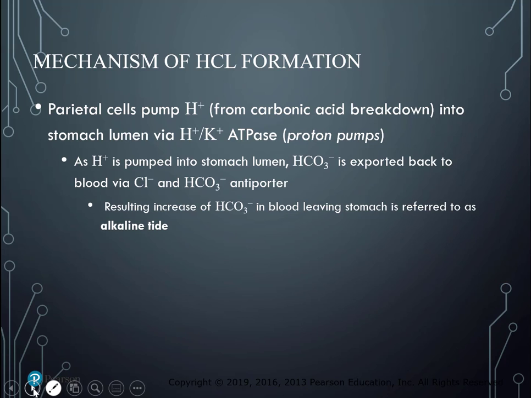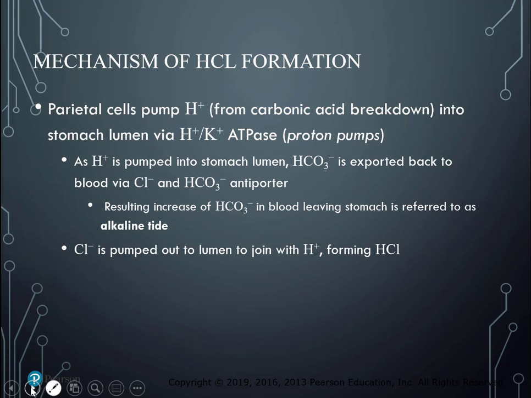Now this results in the increase of bicarbonate in the blood. Remember that the bicarbonate is negatively charged, leaving the stomach, and this is actually referred to as a tide. And because your bicarbonate is alkaline, it creates what you call an alkaline tide.